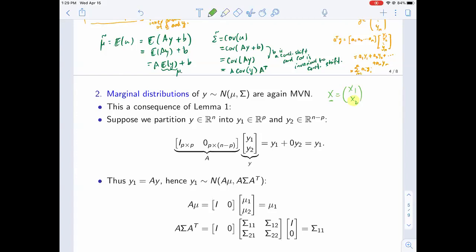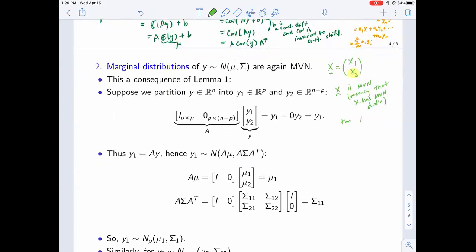But this result is saying more. If X is MVN, I'm being a little bit sloppy with notation. I say X is multivariate normal, I mean X has an MVN distribution, but to avoid writing this out, just say X is MVN.